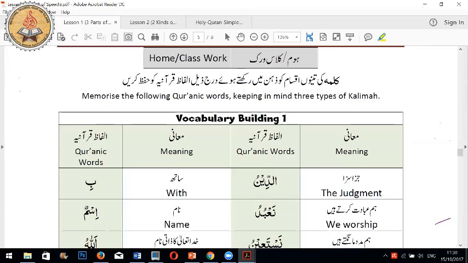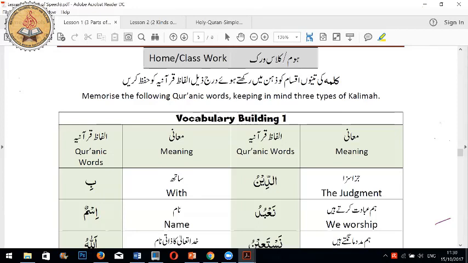So Suratul Fatiha is very, very important. This is the index of the Quran. The very first chapter, the most repeated surah of the Holy Quran, is Suratul Fatiha. The most repeated. And this is mentioned in the Quran as well.